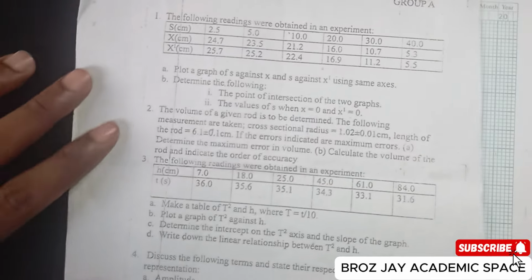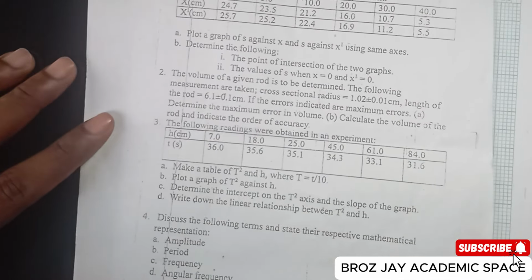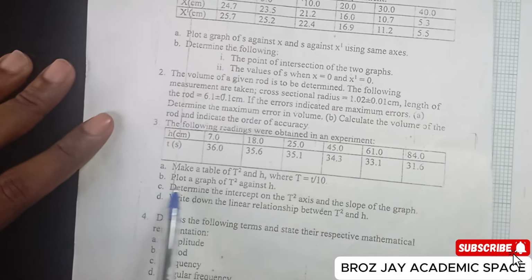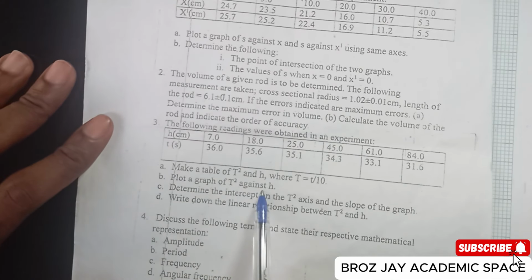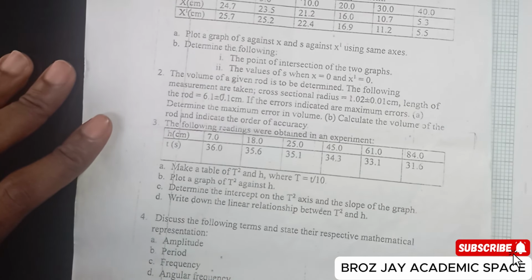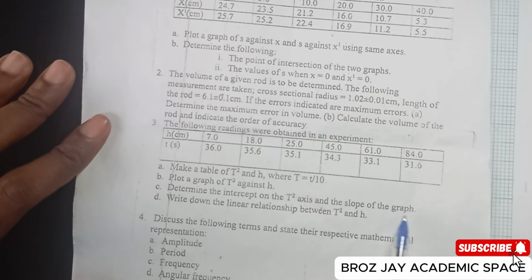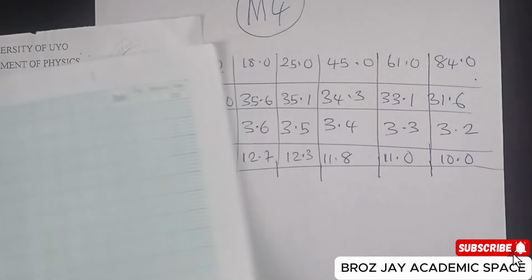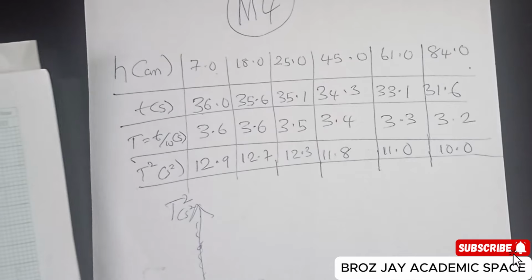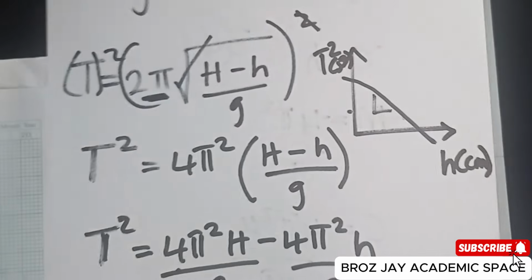Now the next question, number 3, was: plot a graph of t square against h. Determine the intercept on the t square axis and the slope of the graph. We have gotten the table. We have transformed the equation.